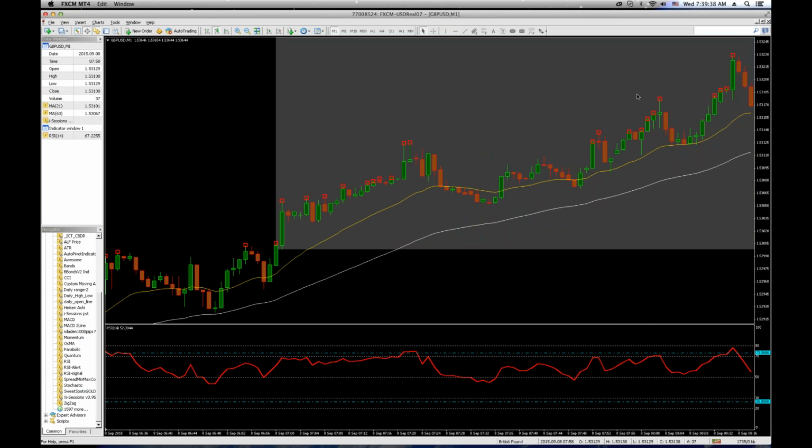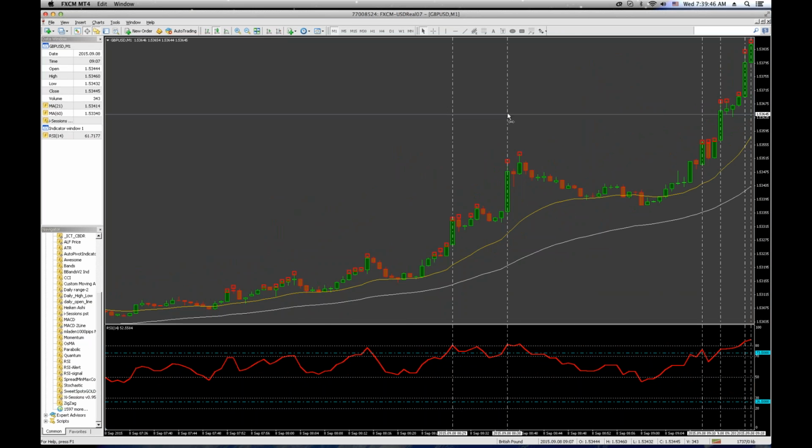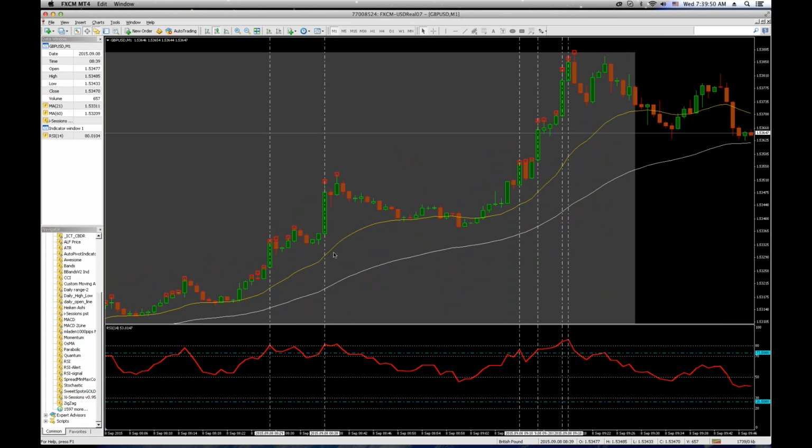Okay, pardon my slow-moving chart here. I just wanted to make it a little bit more visible, but you can see all of them right in here.